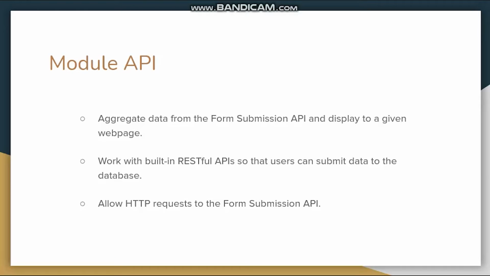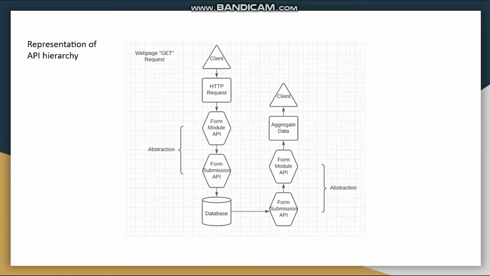Conversely, to get data, the module will gather and aggregate data from the System API to display to the Forms web page. This API guides HTTP requests to the Form Submission API in this way. Next, I've displayed a simple representation outlining the passageway of a simple HTTP GET request. And next, we will talk about the Forms web pages.